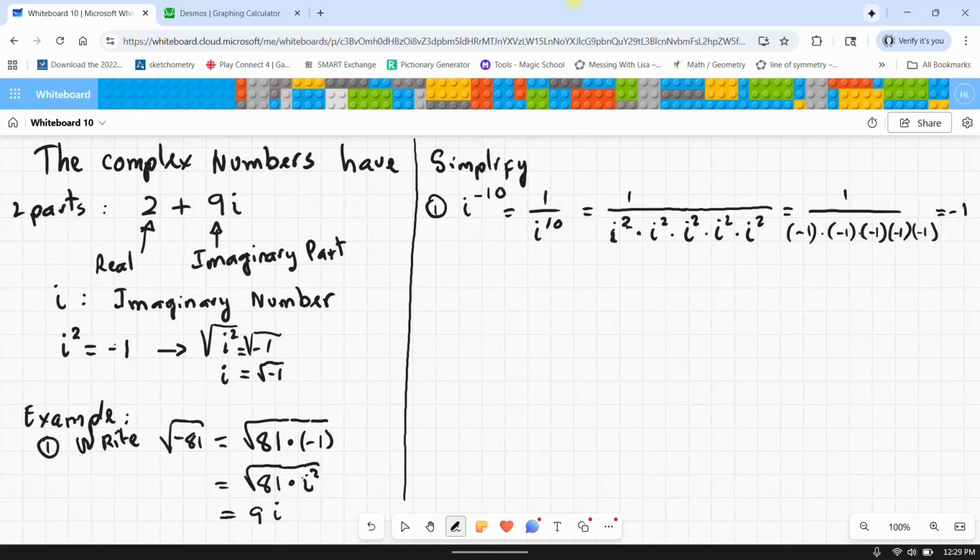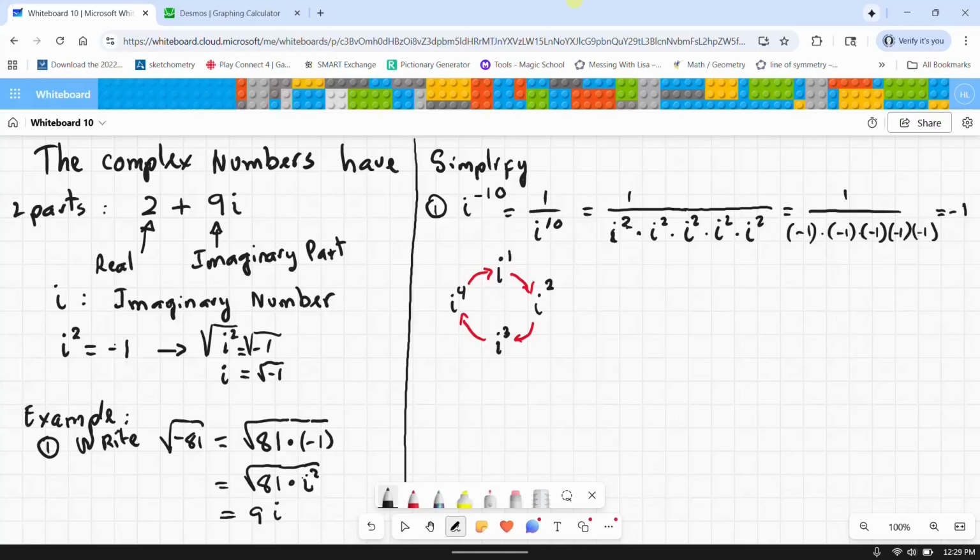Let's start with i, which is i to the first power, then we move on to i to the second power, i to the third power, and i to the fourth power, and the cycle we just make a little circle looking like that.